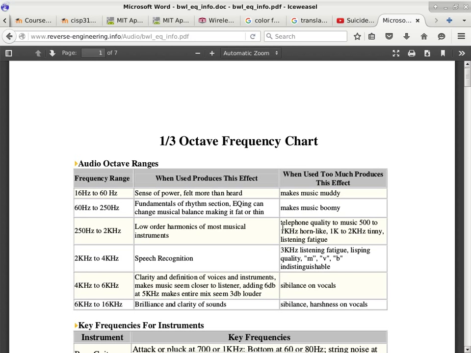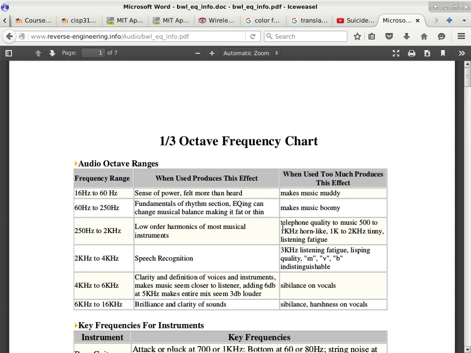And with a scale, one octave is either doubling or halving the frequency. So the A below the middle A is going to be 220 hertz, and the A below that is going to be 110 hertz, and the A below that is going to be 55 hertz, which is close to 60, but not quite, right?